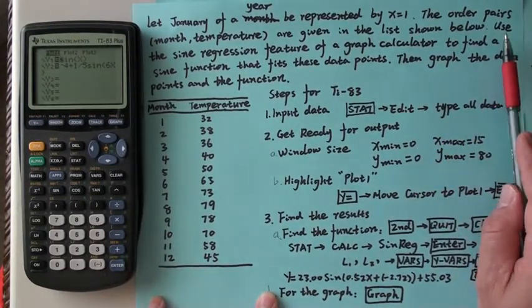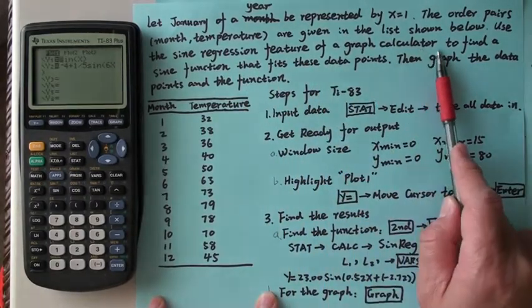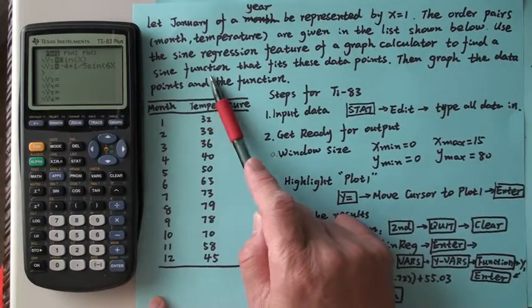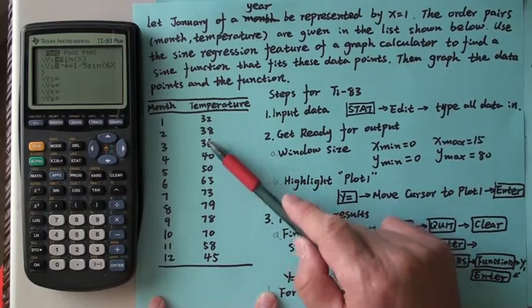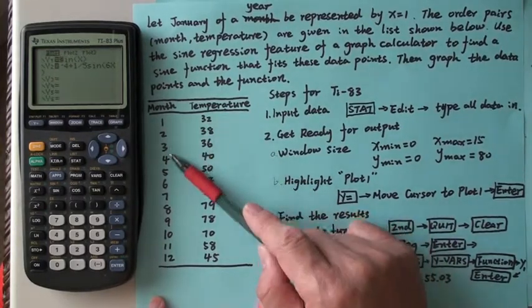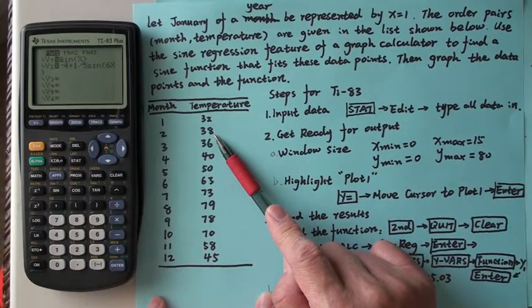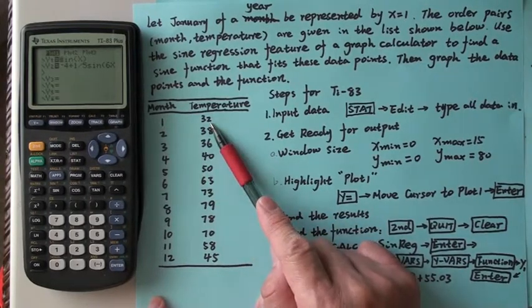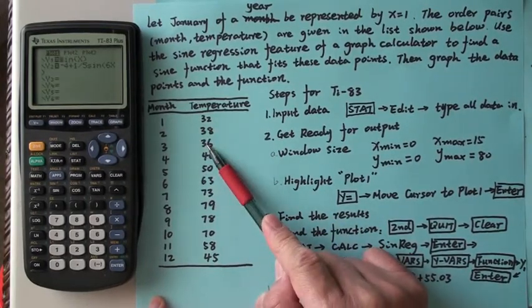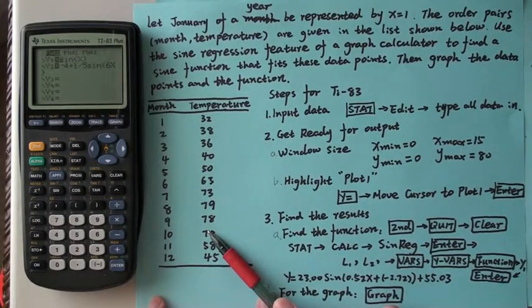So we want to use the sine regression feature of a graphing calculator to find a sine function that fits these data points. When you draw those points, 1, 32, 2, 38, with x and y, and put those 12 points on the xy coordinate plane, it's pretty much like a sine.